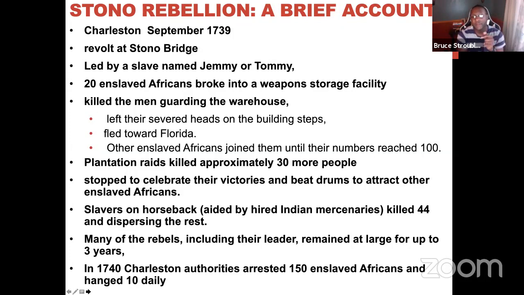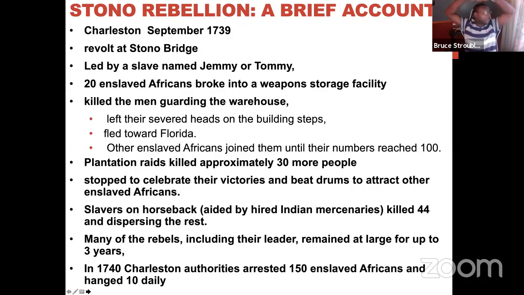Other enslaved Africans joined them until their numbers reached around 100. These types of plantation raids that they made killed about 30 more people. They stopped to celebrate their victories and beat the djembe drum to attract other people to the area. Slavers on horseback, aided by Native American mercenaries, killed 44 and dispersed the rest.